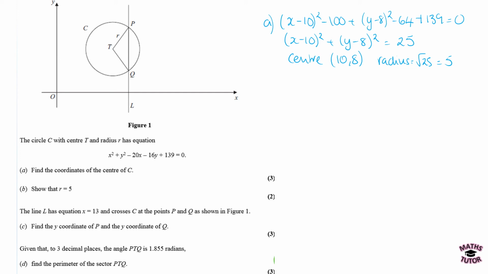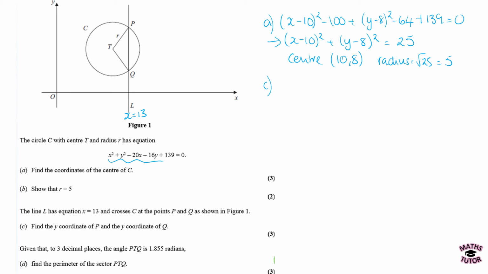Part C. The line L with equation x equals 13, so this is x equals 13, crosses at P and Q, find the y coordinates at P and Q. So just put in the x equals 13 into the equation of the circle. You can put it in here or you can put it in here.